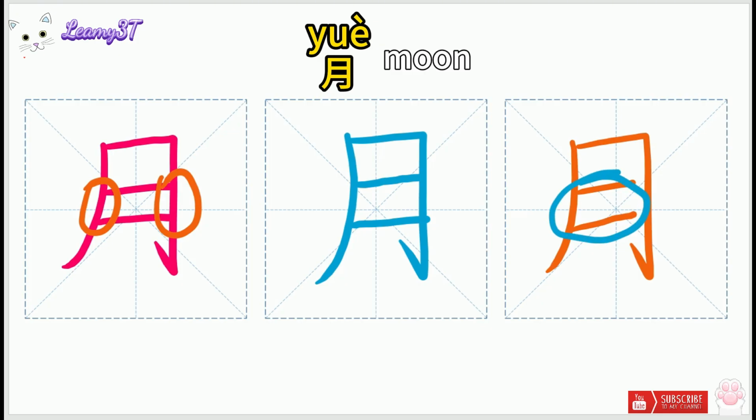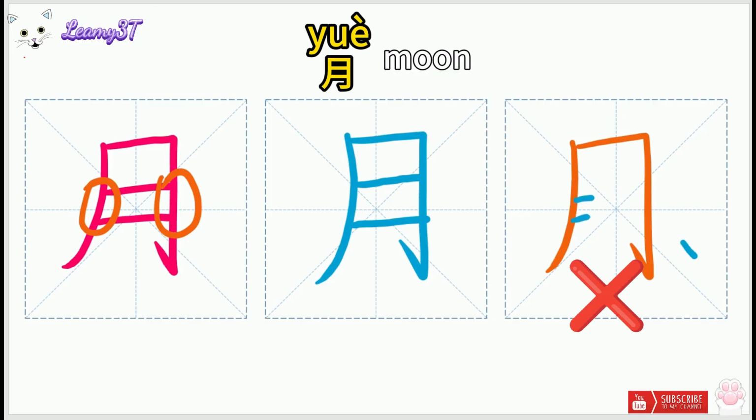They either both connect or both do not. If they only connect on the left side, then their length should go beyond half across. Don't just draw a tiny bit, like this. No.